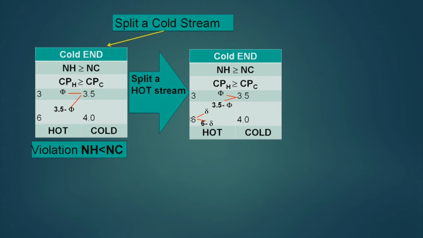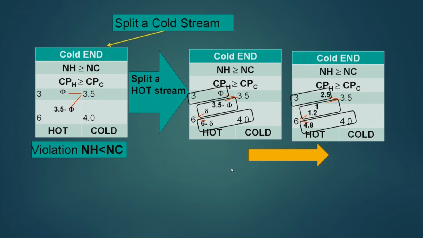This hot stream which has got a Cp value of 6 is split into delta and 6 minus delta, and then I can do this matching by properly adjusting the value of phi and delta. Now, let us see, when I adjust the value of phi and delta, I can have several sets of values of phi and delta which will satisfy this condition: Cph should be greater than or equal to Cpc.